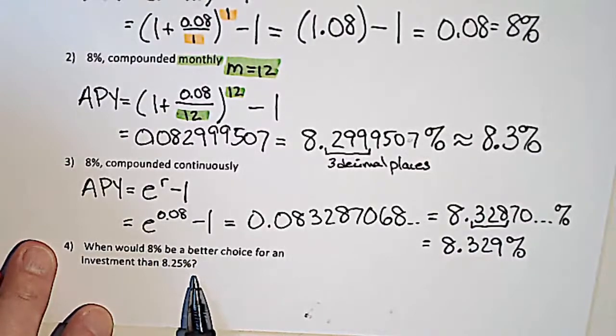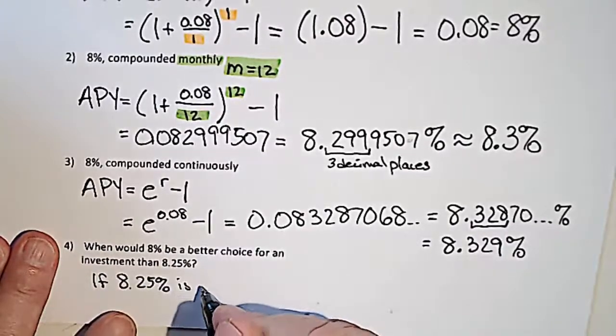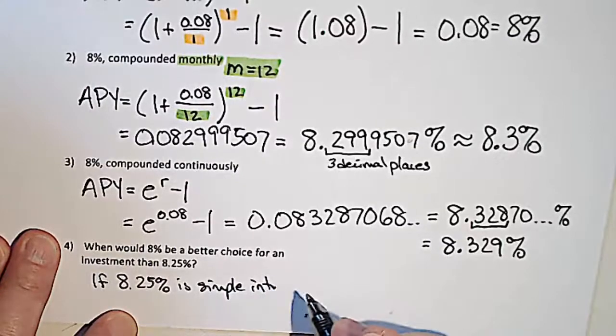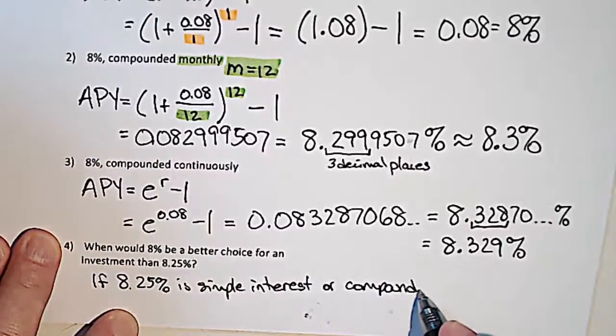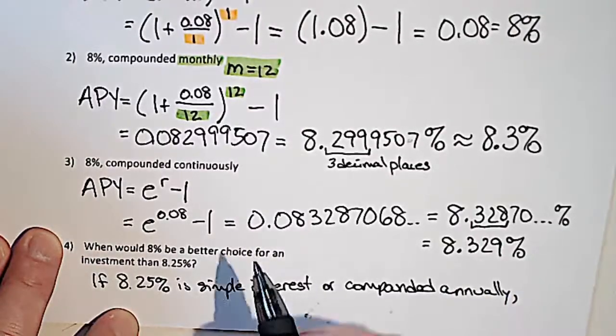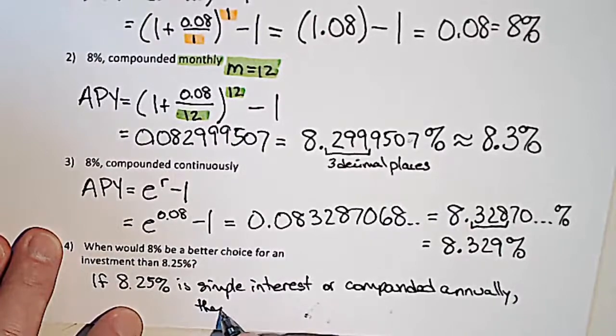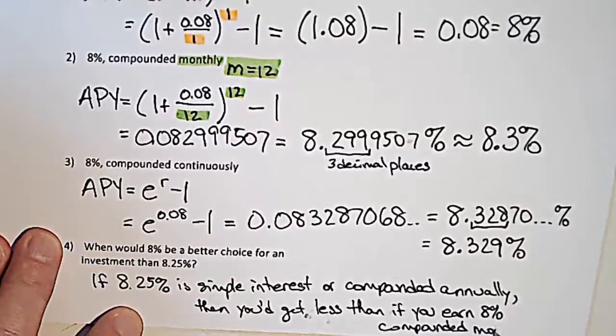And the answer is, well, if 8.25% is simple interest, sorry, or compounded annually, then you'd get less than if you earn 8% compounded monthly. Can you guys see this?